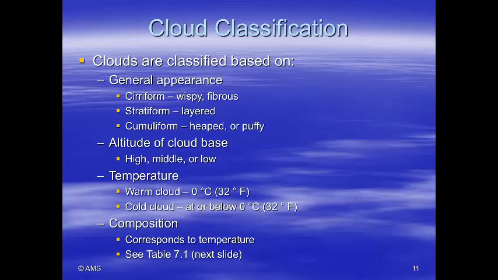For temperature, we have a warm cloud that's greater than 0 degrees C, and a cold cloud that's at or below 0 degrees C. And we also have the composition that corresponds to temperature.